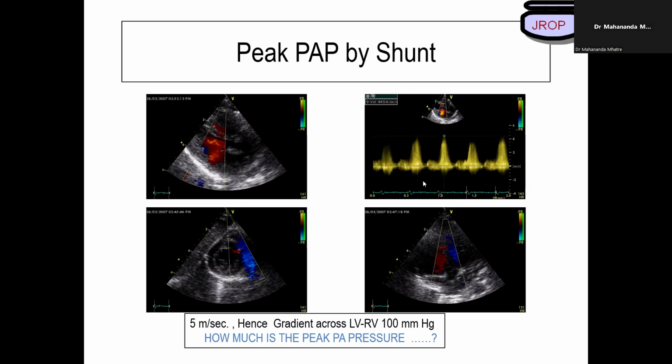Tell me, what formula? 0.6 into mean pulmonary artery plus 2.1. No, my question is reverse. I said my mean pulmonary artery pressure is 20. What would be my peak pulmonary artery pressure? So I don't know properly. Okay. You said you calculate peak to mean, correct? Yes. So can't we do a revert? We can. Do it.